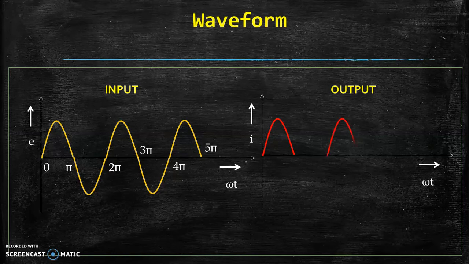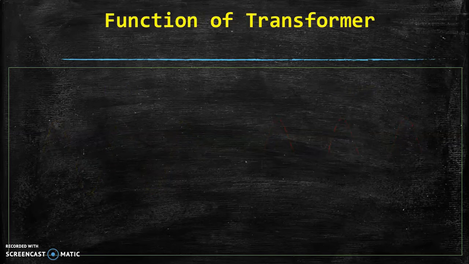During negative half cycle, there is no conduction at all. Again, during positive half cycle, conduction takes place. So the current through the load at the output side is unidirectional, and that is why we can say that at the output we are getting DC current.